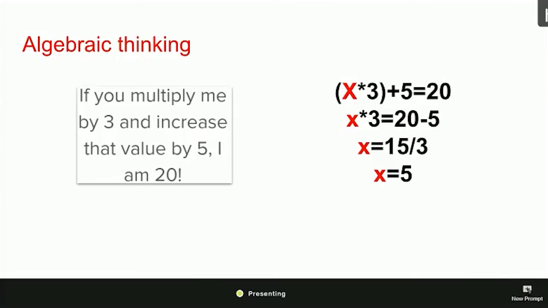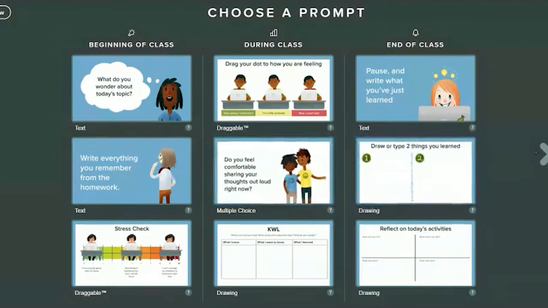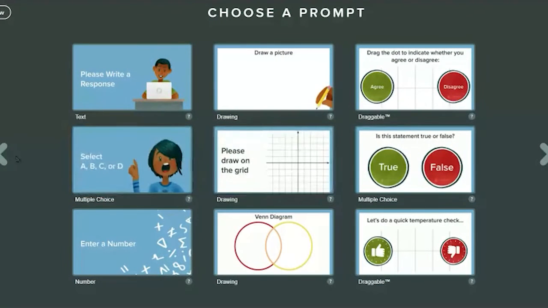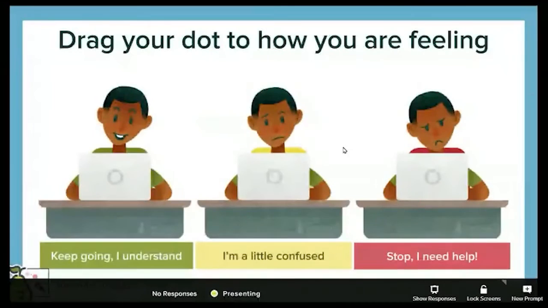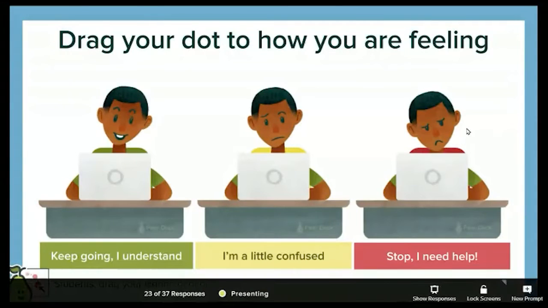So here, let's pause, and I want to see how you feel right now. Tell me. Totally lost, a little confused, or you are getting this? Let me know how you feel.